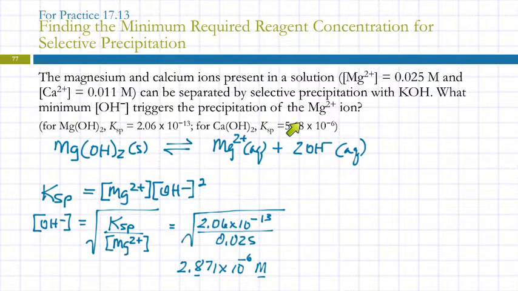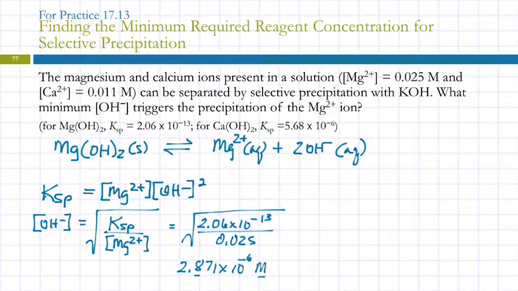Also, the question asks me for magnesium. Okay. If you put more hydroxide in, you'll precipitate more magnesium, and eventually you'll precipitate the calcium as well.